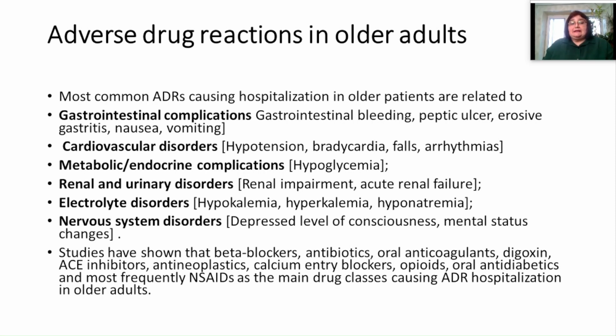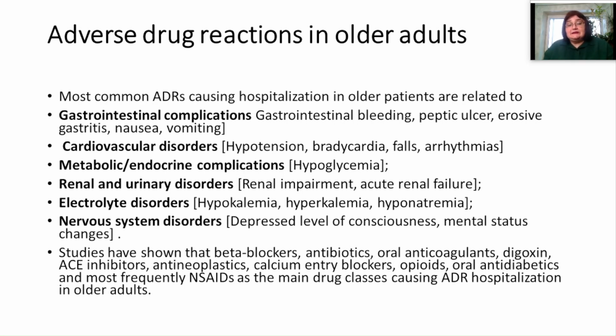Gastrointestinal complications: gastrointestinal bleeding, peptic ulcer, erosive gastritis, nausea, vomiting. Cardiovascular disorders: hypertension, bradycardia, arrhythmia, falls. Metabolic and endocrine complications: hyperglycemia. Renal and urinary disorders: renal impairment, acute renal failure. Electrolyte disorders: hypokalemia, hyperkalemia, hyponatremia.